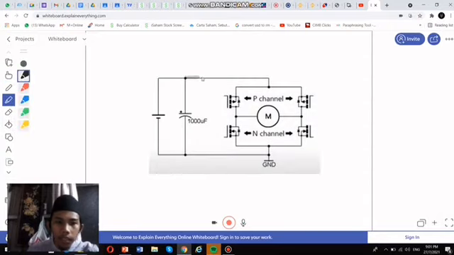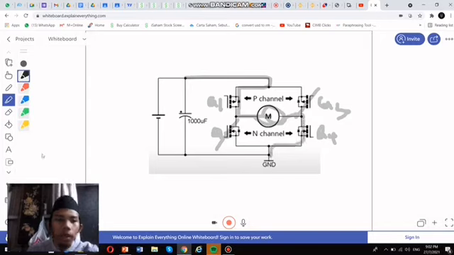And this is the current. Let's say this is Q1, this is Q2, this is Q3, this is Q4. Let's say Q2 and Q3 are off, and the current will go through from Q1 to the motor, and to Q4 and to the ground.